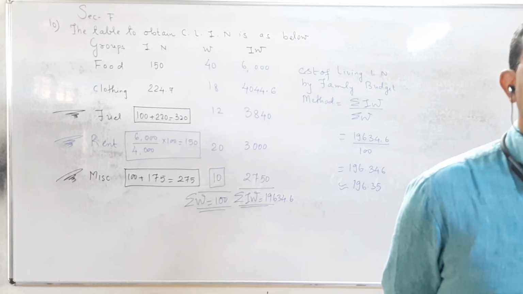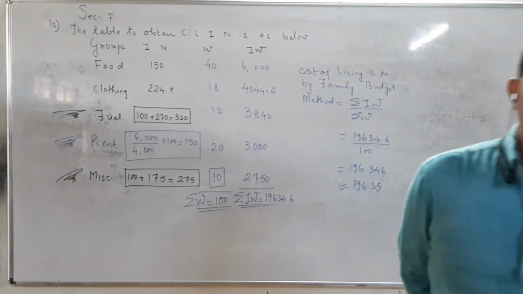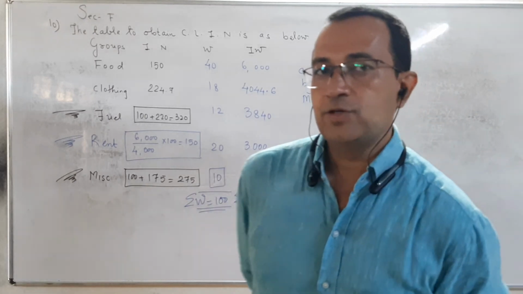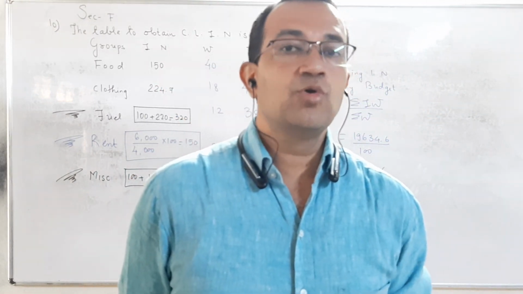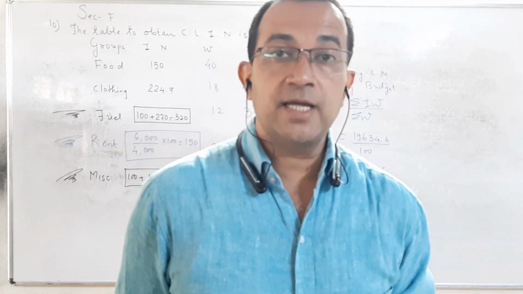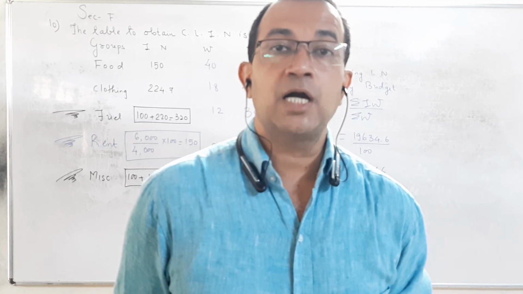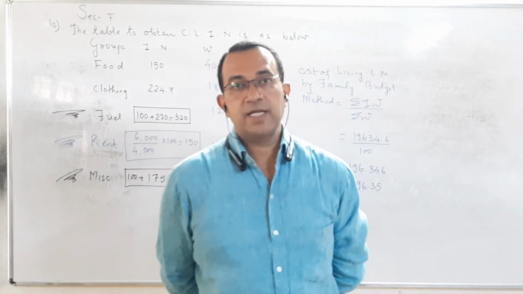So this completes our chapter exercise 1 and section F. I don't think we have kept any question pending, but once again you go through, students, all the sums. And from next time we are going to start part 2, chapter 4, limit, which is very important.